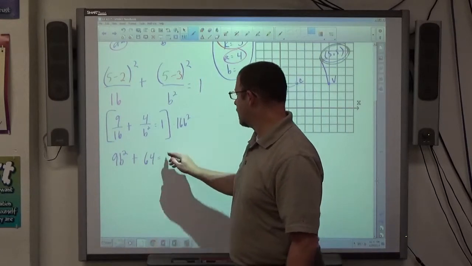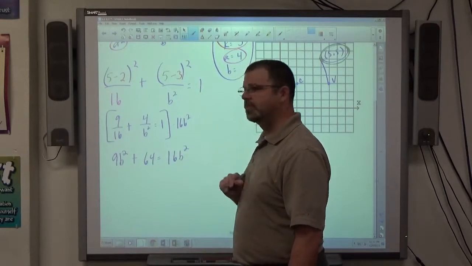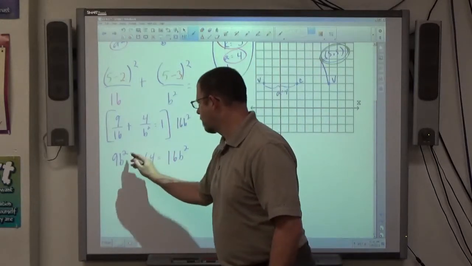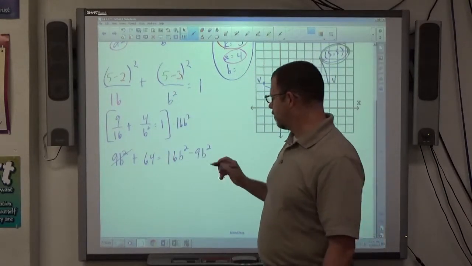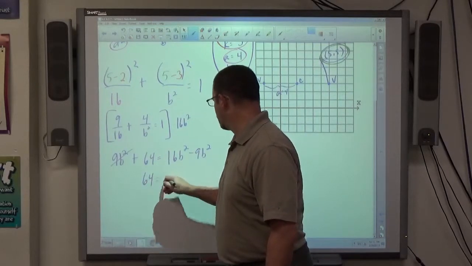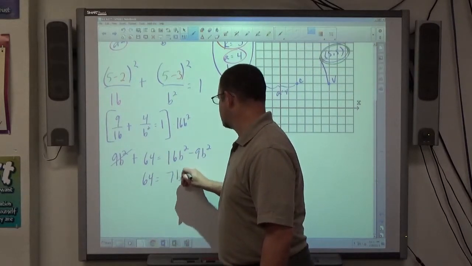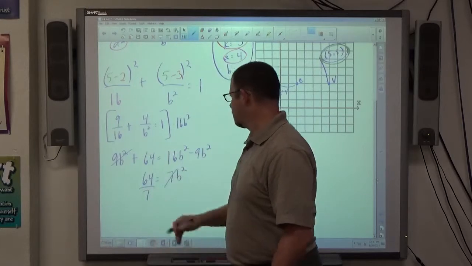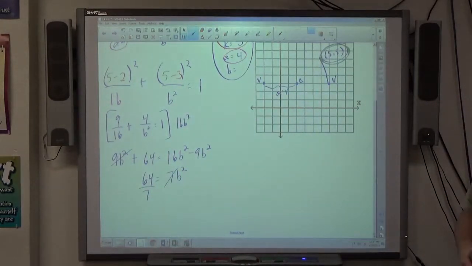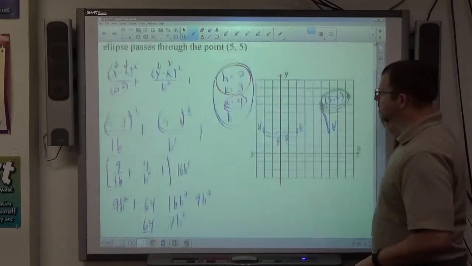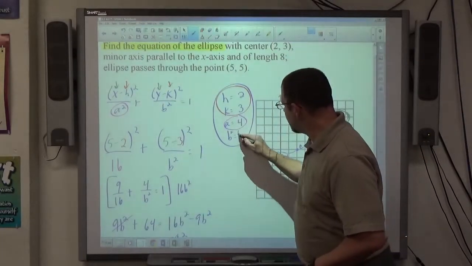And 16b squared times 1 is 16b squared. Slide the 9b squared over to the right, subtract, we get 64 is equal to 7b squared. Divide both sides by 7, so b squared equals 64/7. And just like that, b squared equals 64/7, right?